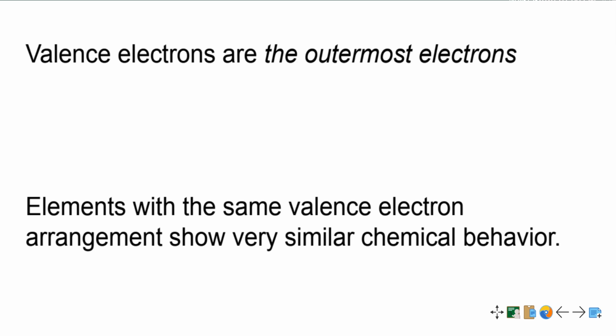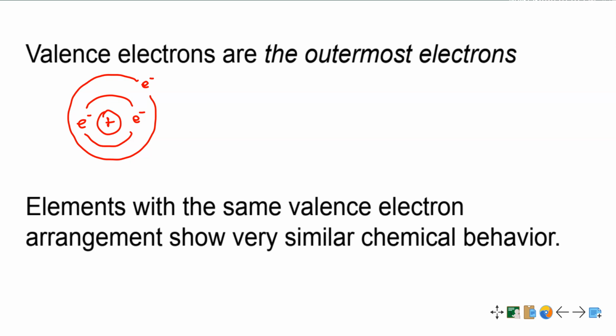Now we get to this idea of valence electrons. When it comes to valence electrons, we have to remember that valence electrons are the outermost electrons. So you have this positively charged nucleus right there, okay? And there are neutrons in there, I'm just not going to draw them. Then you have these electrons floating in these rooms around the atom. And for convenience, we're going to use the Bohr model.